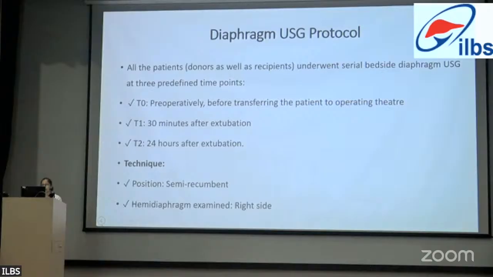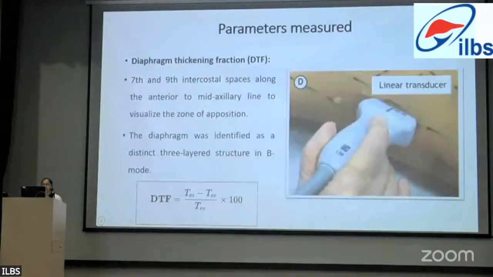We performed this technique keeping the patient in a semi-recumbent position, and we examined only the right side of the diaphragm. For the parameters measured, we evaluated the diaphragm thickening fraction using a linear transducer, placed in the 7th and 9th intercostal spaces just anterior to the mid-axillary line to visualize the zone of apposition.